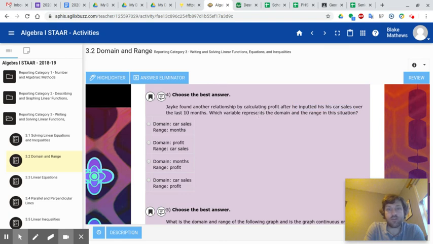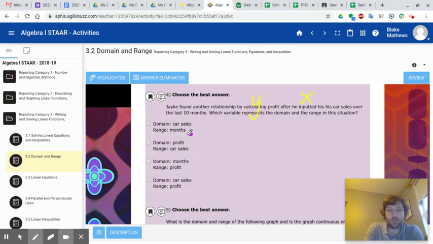So we have two things: he input his car sales, and he found his profit. The input of a function is always x, and the thing you're calculating is always the y. So the input needs to be car sales. Yes, car sales, that one works.